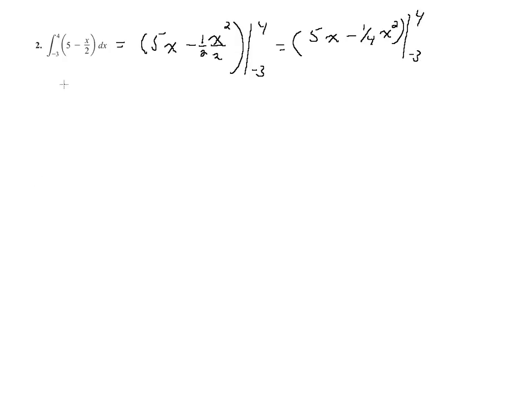So now we're going to evaluate it. The fundamental theorem of calculus says we evaluate the integral at the upper limit and subtract the value we get when we evaluate it at the lower limit.